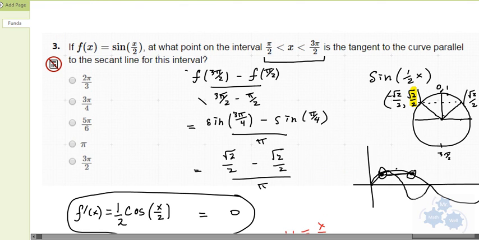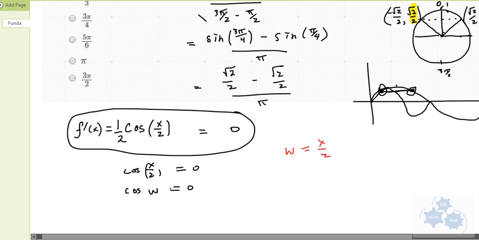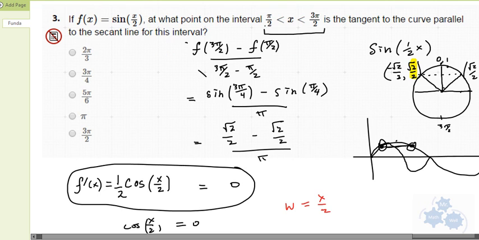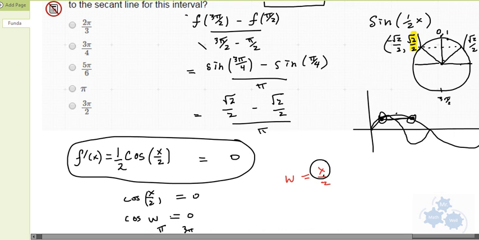So what we have to be careful of here is that we're looking at this for x values, but this is w. So if w could be pi over 2, or it could be 3 pi over 2, let's find out how that translates into x, because that's what our domain is, right?